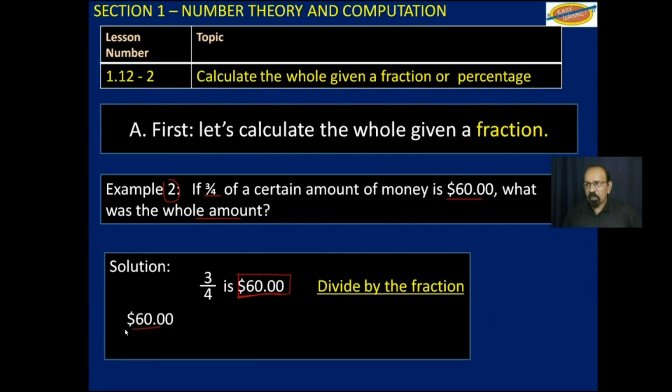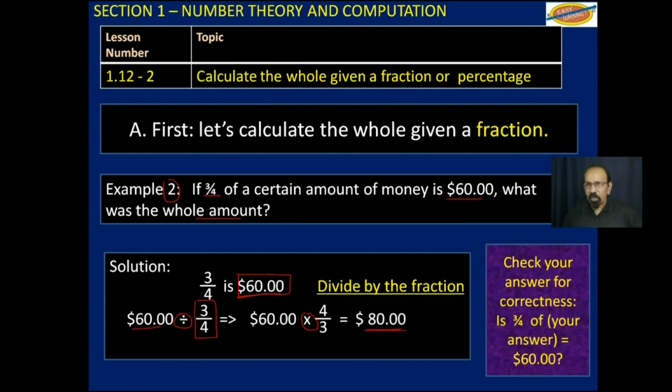So $60 divided by 3/4, which would give us 60 multiplied by the inverse of that, which would be 4/3, and so we get $80. Again, check your answer for correctness. Is 3/4 of 80 the same as 60? And if it is, your answer of 80 is correct.